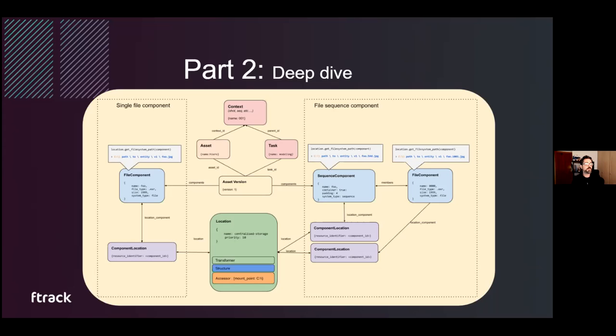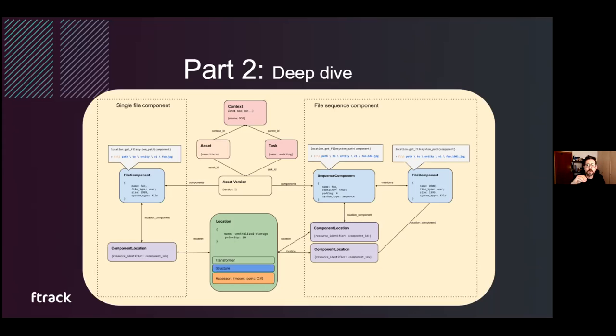So in this case, we have a file component that contains the name, the file type, and the size, which is linked to an entity we won't be looking much into. This is one of the famous bits that I suggest you look into if you're really curious about locations.